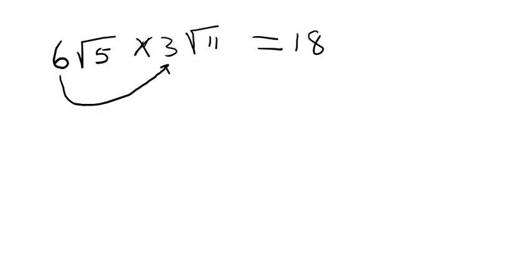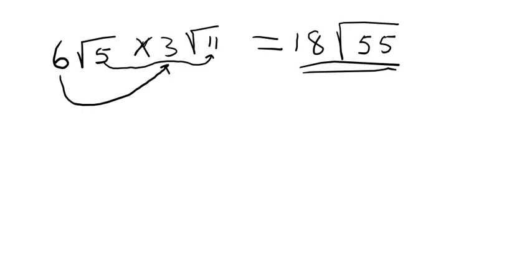Then root 5 is going to multiply 11, which will give us 55. If you look at this now, the digit under the root sign is not a perfect square. So we leave our answer there. But if it happens to be a perfect square, we work on it and reduce it so that the one in the root will no longer be a perfect square.